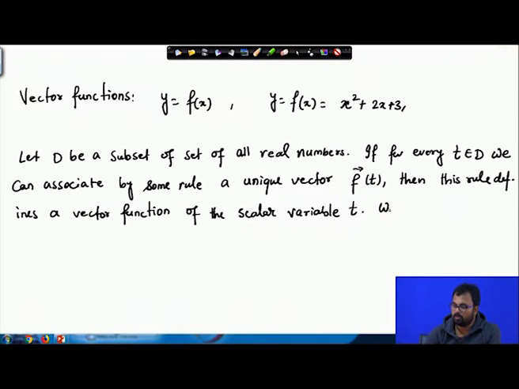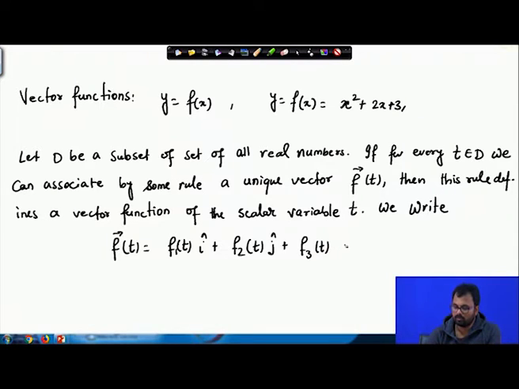We write f of t equals f1 of t i plus f2 of t j plus f3 of t k, where i, j, k are unit vectors, basically along the x axis, y axis and z axis.